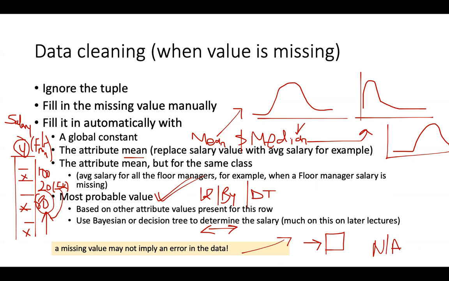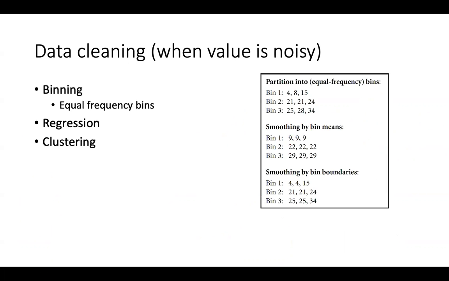Let's continue here. The other thing I wanted to mention is, how do we take care of noisy data? Given a numeric attribute, let's say price. In our case, we have the price of a product. How do we smooth the data to remove the noise?